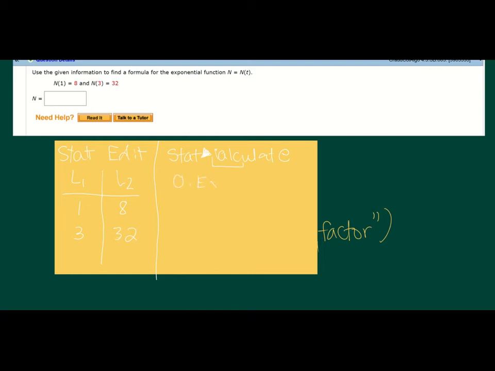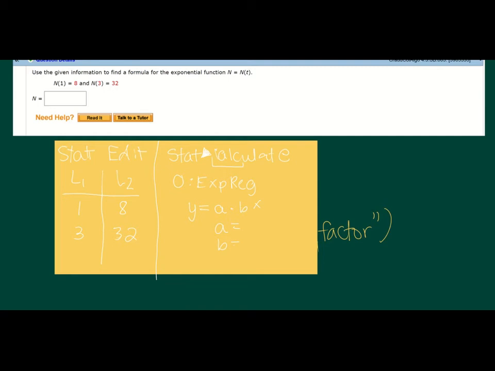Option 0 is EXPREG, Exponential Regression. You're going to just press enter through all of the options in that menu, scroll down and hit calculate, and it should return something like this: y equals a times b to the x, and it's going to tell you what the a value is and what the b value is in this function.